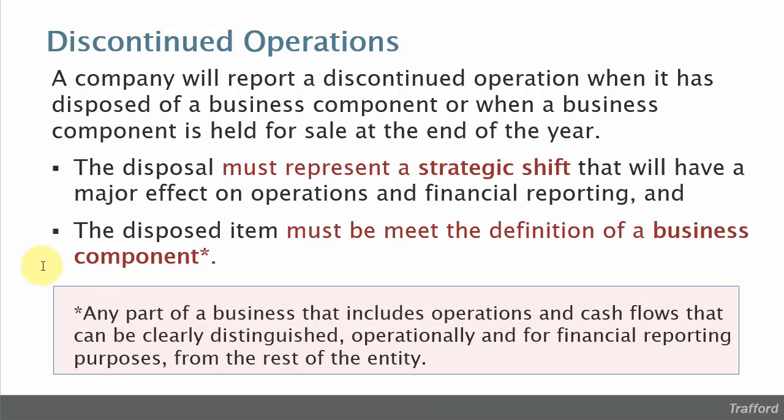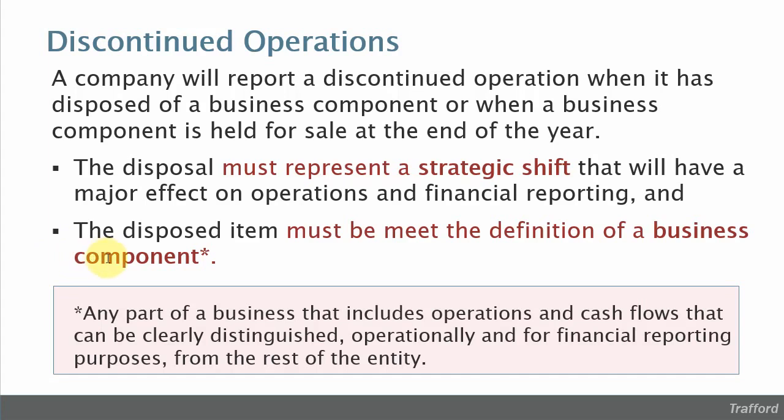First of all, the disposal has to represent a strategic shift, and it has to have a major effect on the operations and financial reporting of the company. Strategic shifts include things like the disposal of operations in a major geographical area or the disposal of a major line of business for a company.